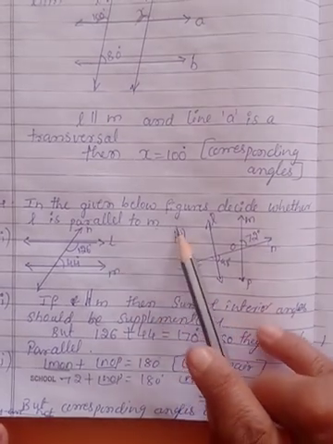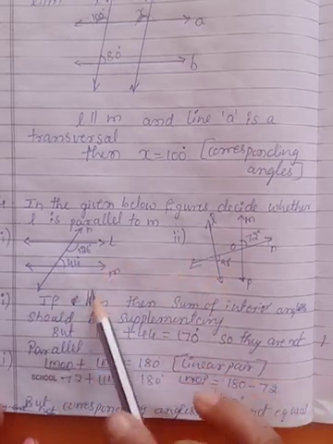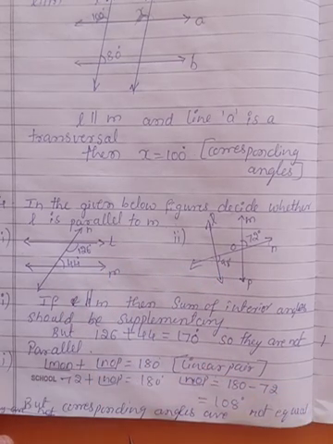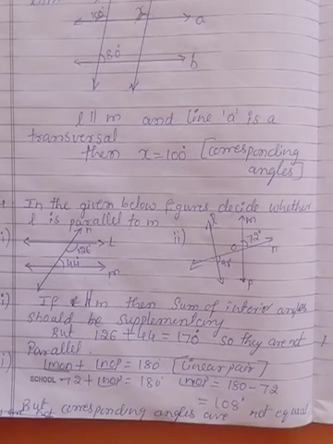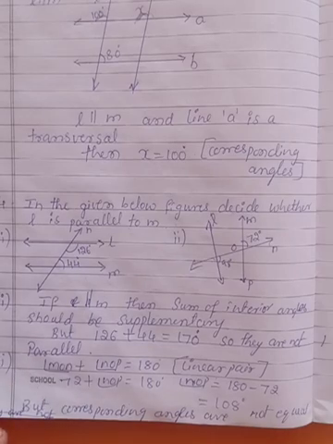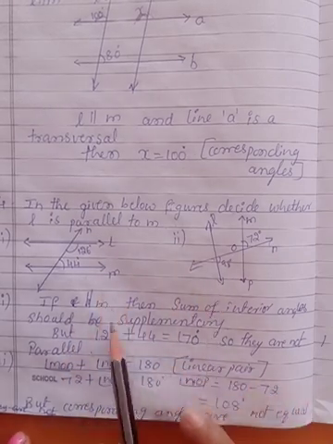In the figures given below, decide whether L is parallel to M by applying a condition of parallel lines. What are those? Corresponding angles should be equal, alternate angles should be equal, the sum of interior angles on the same side of a transversal should be supplementary. By keeping those conditions, we have to prove.